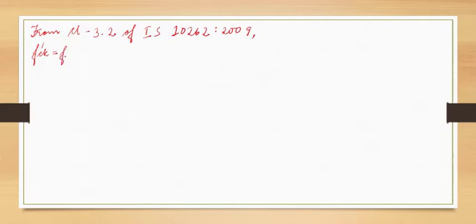So let us write down the formula. From clause 3.2 of IS 10262-2009, we have F_ck dash is equal to F_ck plus 1.65 S. Where do we get our S value?